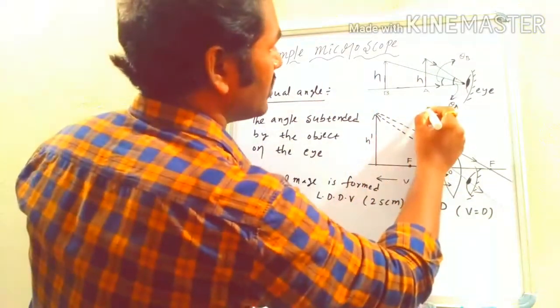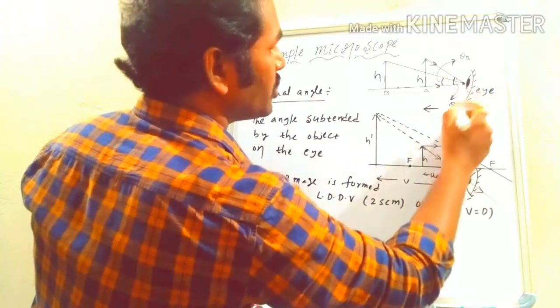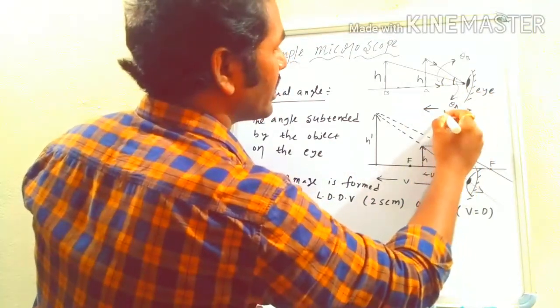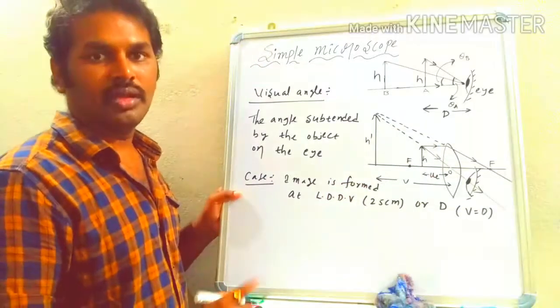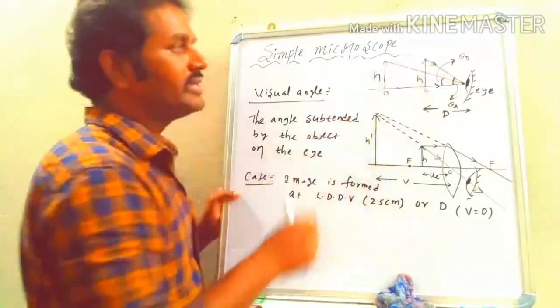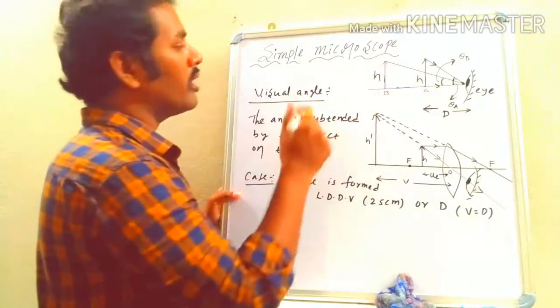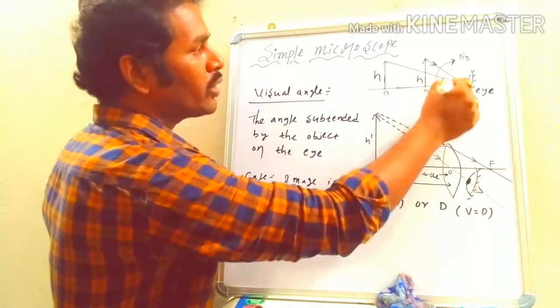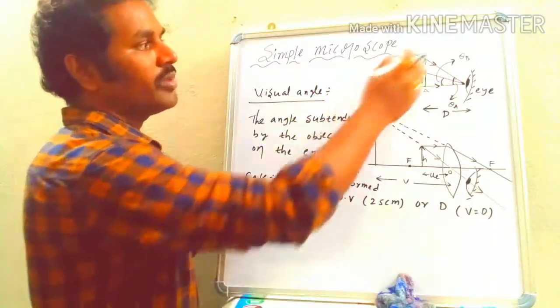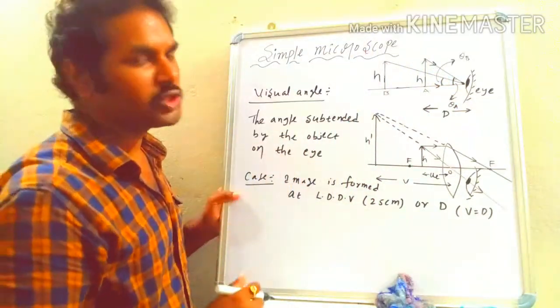Suppose I take the position A to the eye distance as capital D. There you feel that this height is maximum, and there you get the angular magnification. It is nothing but the visual angle.